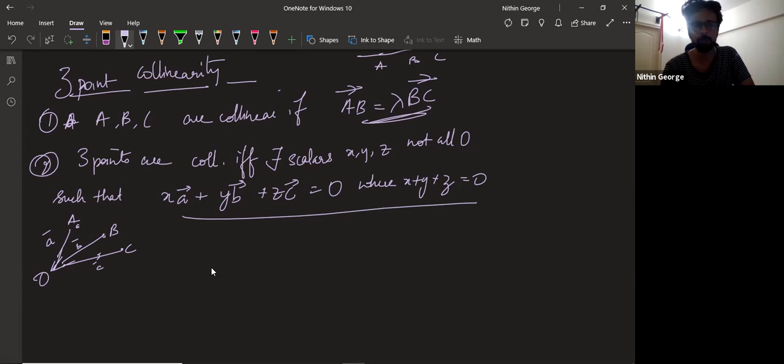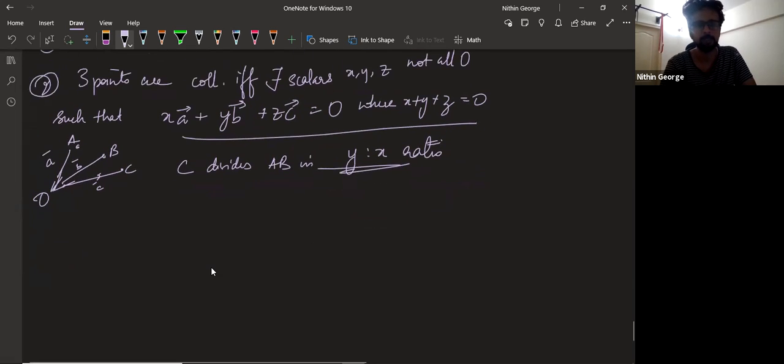So if the 3 points are collinear, you can say that C divides AB in some ratio. I'll take it as y is to x ratio. This is like a mini proof. Using the section formula, C vector can be written as x into A vector plus y into B vector over y plus x, can't we?